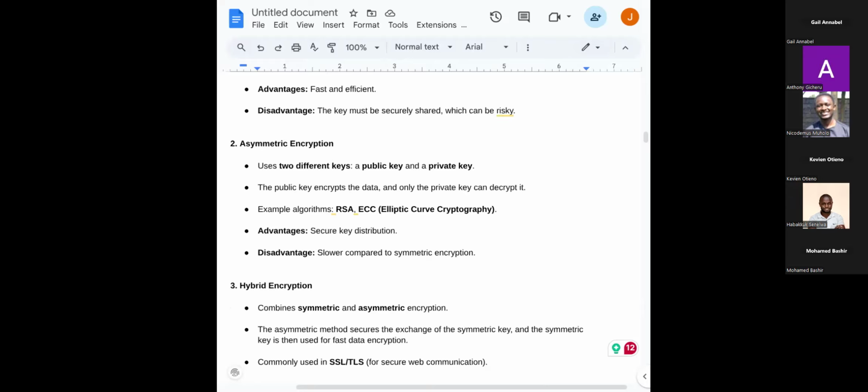On the second type, we have asymmetric, where we use different keys: a public key and a private key. The public key is used to encrypt your data, and your private key can decrypt it. For example, we have RSA. You remember when you were launching your instances and creating a new key pair?